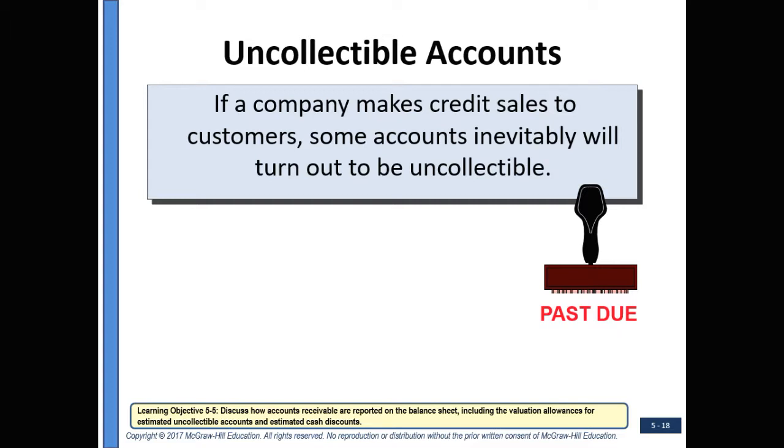This is going to be based on a variety of things: your recent collection experience, the current state of economic affairs of the industry you're operating in, of the general economics of the country. It just depends upon everything that is going on. So this is not done by just anybody.